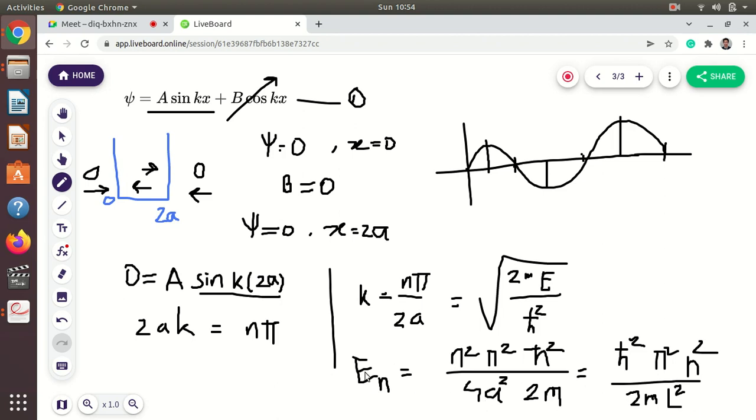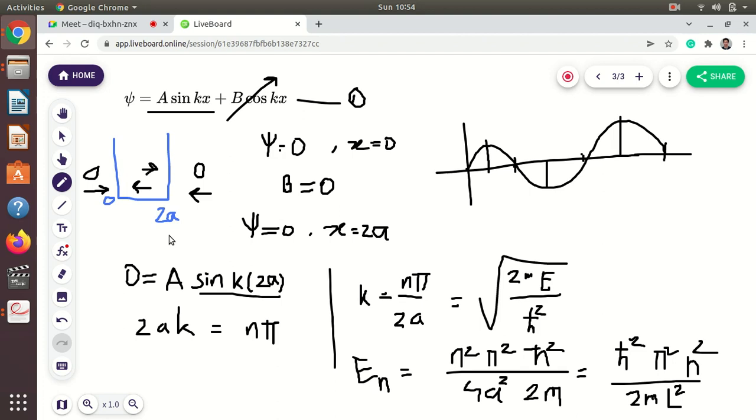So you can put the values of L, whatever it can be. It will change from problem to problem. If in some case it is given as a, then this factor of 4 will not be there. If in some case you have been given some value, let's say 100, then accordingly the value will change.